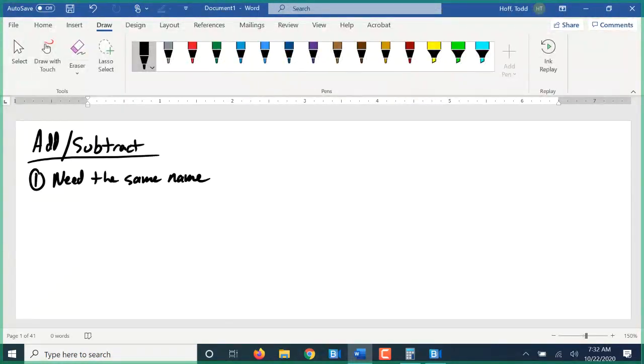With our algebraic numbers, that's the same variable. Here the name is the x. Second, we're going to combine counts like we do with all sorts of numbers. And our final step is we're going to keep the same name.